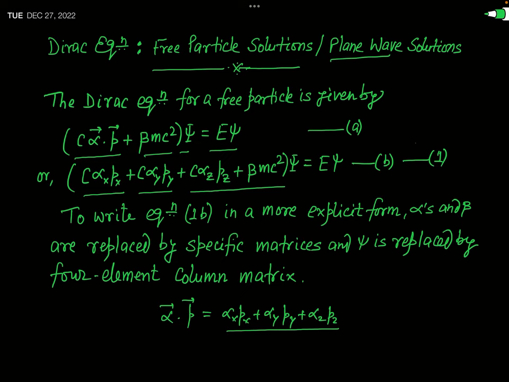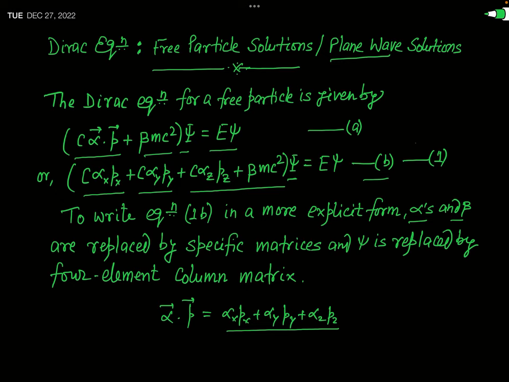So when we use the specific matrices for alpha and beta, and the wave function psi is expressed as a 4-component column matrix, what will be the form of this equation 1b? You can see.